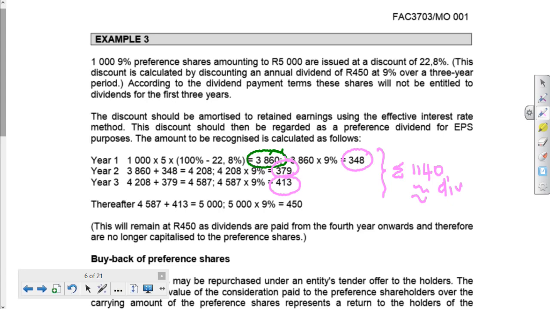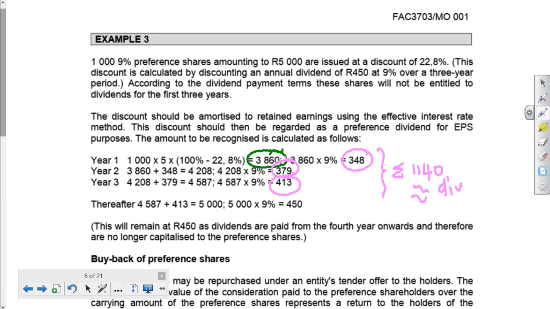According to the dividend payment terms, these shares will not be entitled to dividends for the first 3 years. So all they've done is discount that dividend of 450 over 1 year, over 2 years, over 3 years at 9%. If you do that on your calculator, that for 3 years, that for 2 years, that for 1 year, those are the numbers you get back. Do you agree?